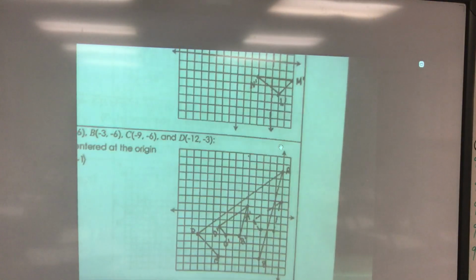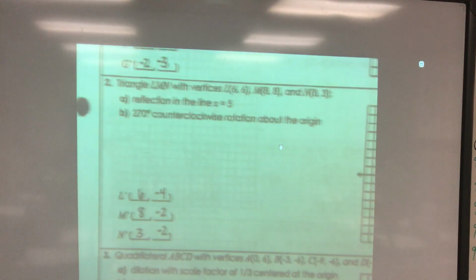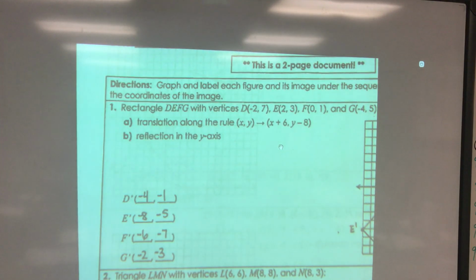Okay, so now we're on to number 7. Again, I am going to expect to see graphing. In number 7, we have two rules.